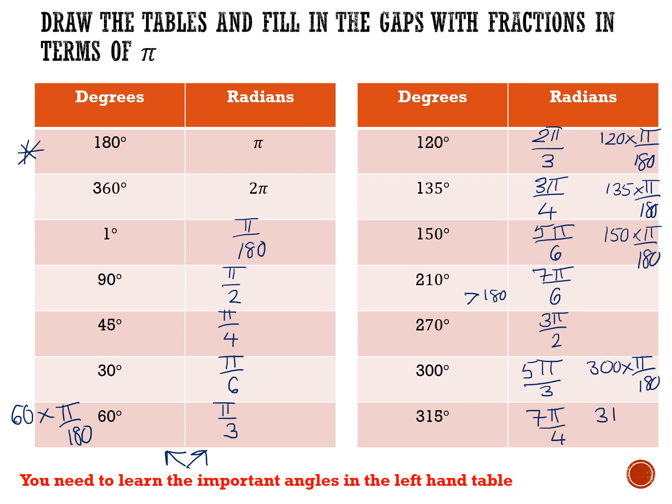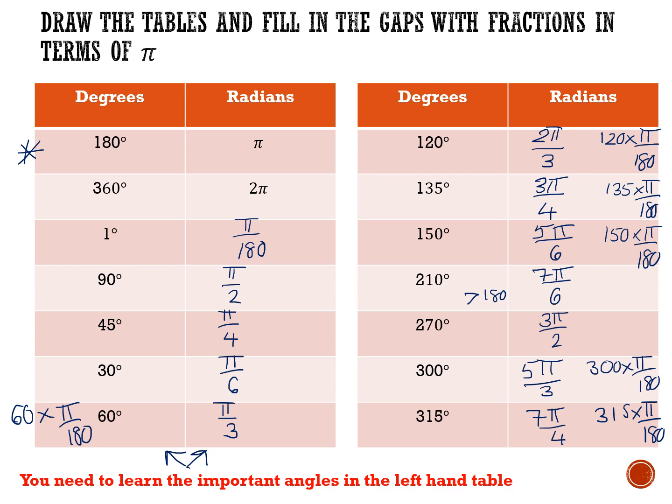I might not remember that one, so that might require me to go 315 divided by 180. If I was doing that in my calculator, I probably wouldn't even put the pi in. I'd do 315 over 180, that would give me the fraction, then stick a pi at the end. All right, so make sure you've got those all written down and make sure you're happy with how to work those out.